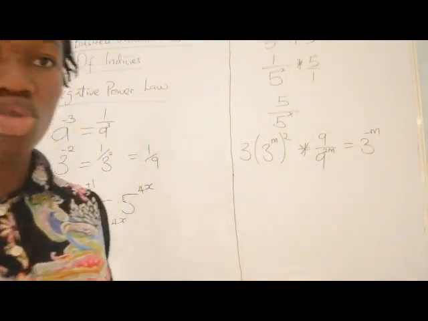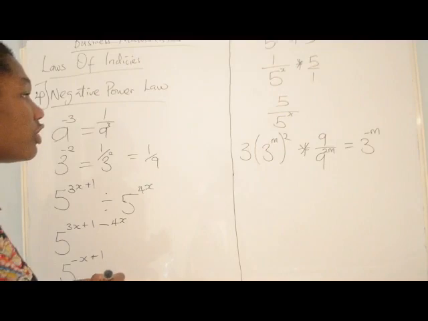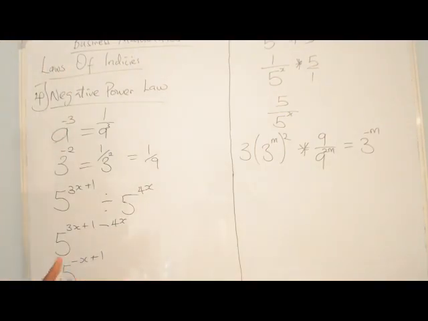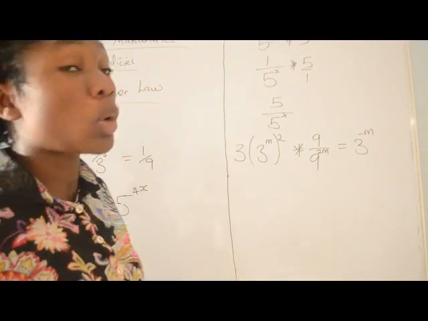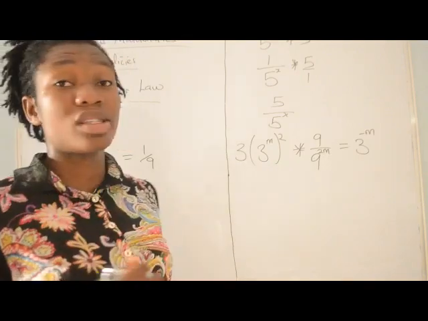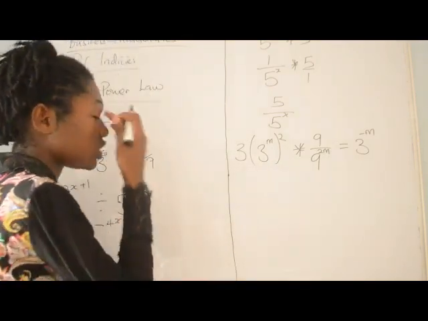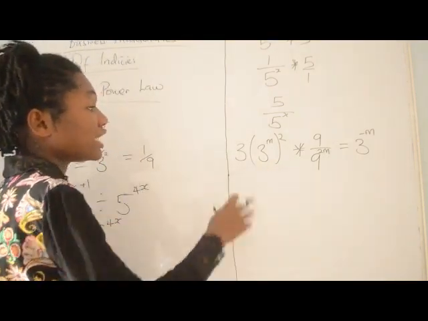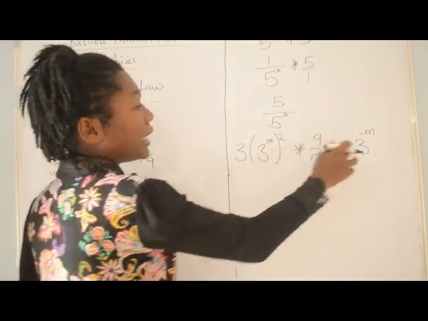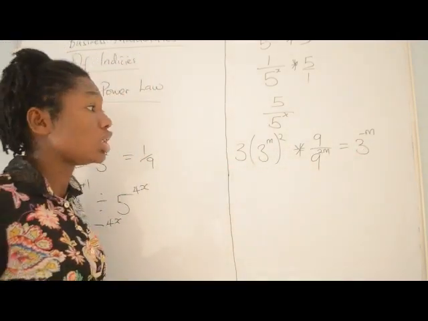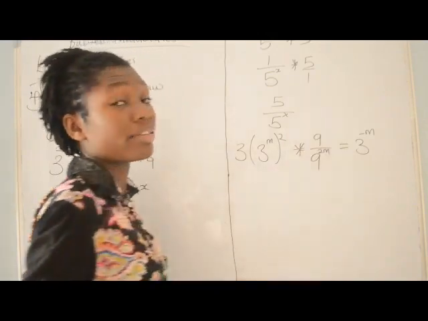We are given this to work with, and we are asked to find the value of n. It's a bit complicated, but we can break this down step by step. So we are going to start simplifying. Since most of it is in base 3, we'll try to make this also have the base of 3.